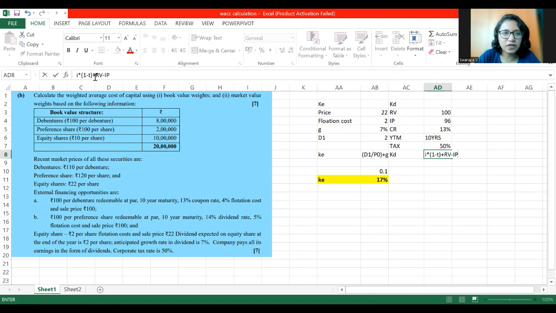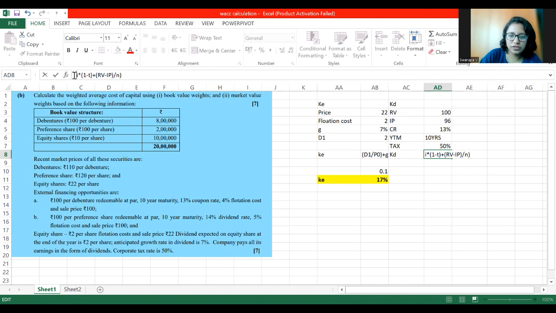What is the difference? That is the flotation cost, and that flotation cost is spread over n number of years, right? The issue price is on day one, and the redemption value is 10 years later in this question. So the total cost is spread over 10 years, so by number of years.